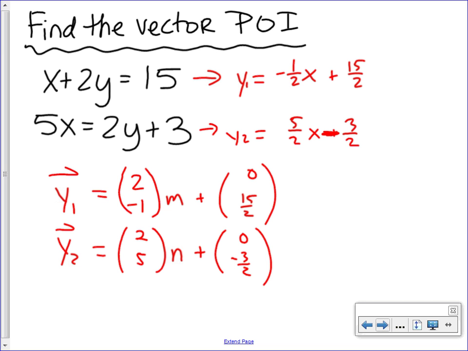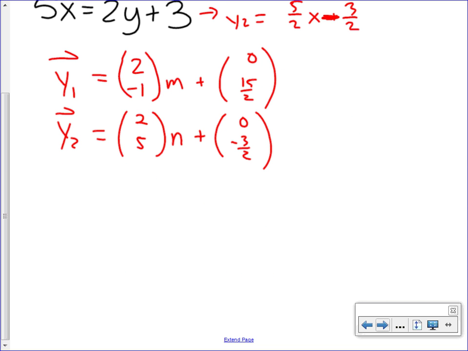The horizontal, oh, good job! All right, horizontal components. 2m plus 0 is equal to 2n plus 0. So again, m is equal to n.